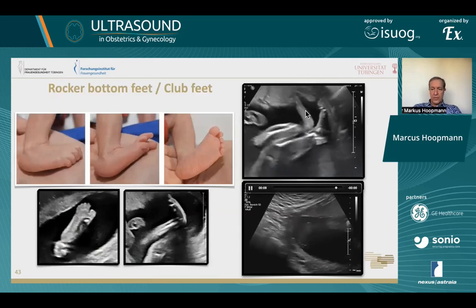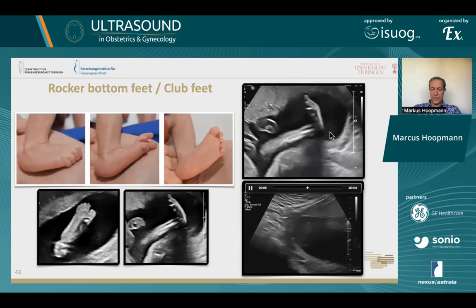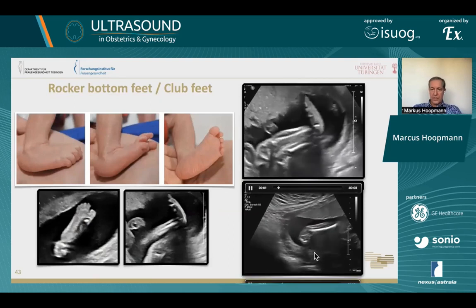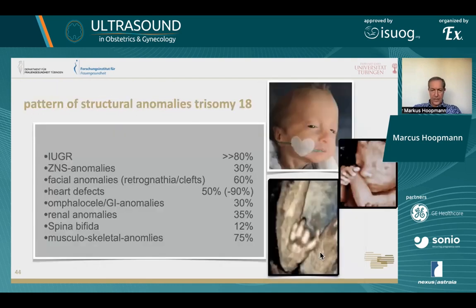On the top, you see the typical rocker bottom feet, so the form of the foot is convex. And here is a typical sign of a club foot. And if we put all this together, we have the typical image of a trisomy 18. So these are the anomalies you typically can find in trisomy 18.